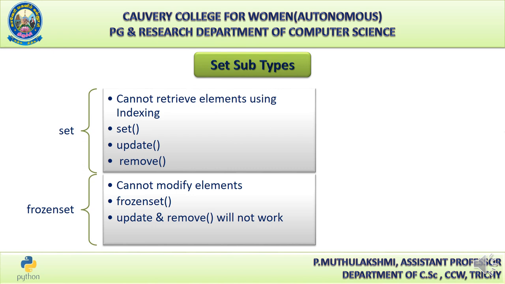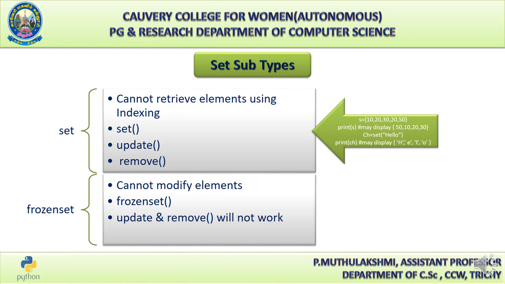Set data type. How can we create the set data type? Set data type is created in the form of, for example, S is equal to 10, 20, 30, 20, 50.